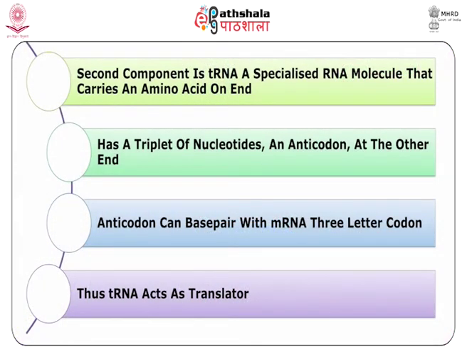The second component is the tRNA, a specialized RNA molecule that carries an amino acid at one end and has a triplet of nucleotides, an anticodon at the other end. The anticodon of a tRNA molecule can base pair, that is, form chemical bonds with the mRNA's three-letter codon.